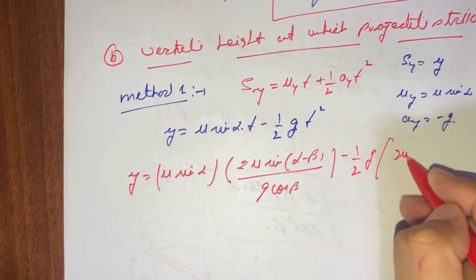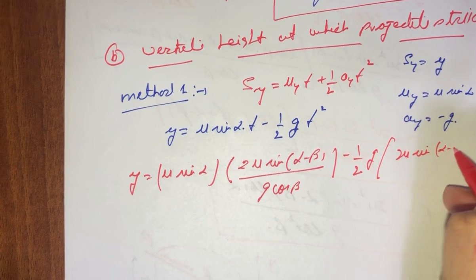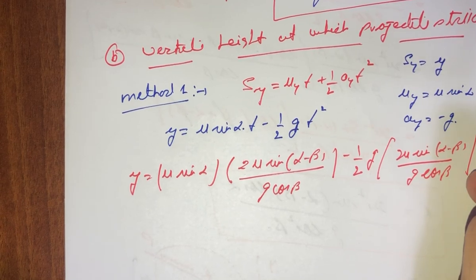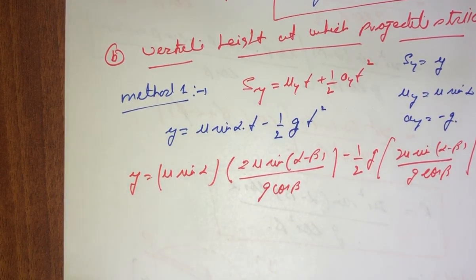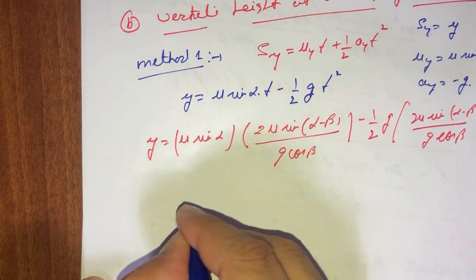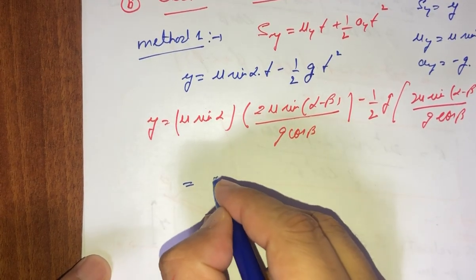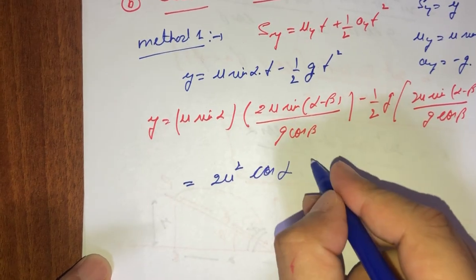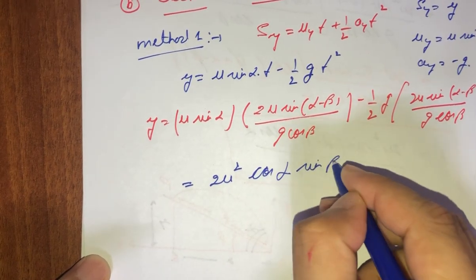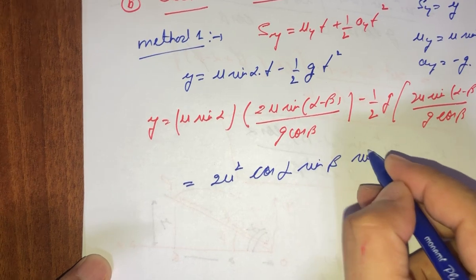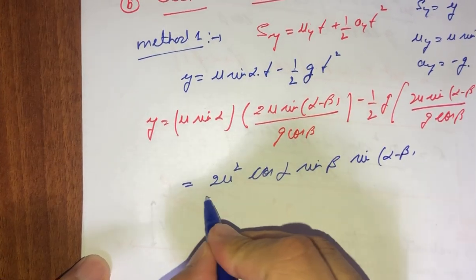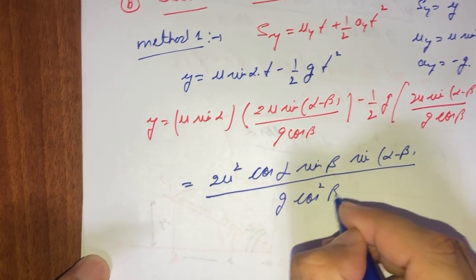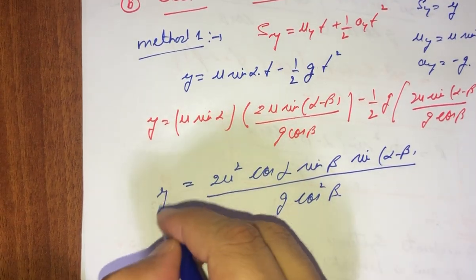So this is 2u sine alpha minus beta divided by g cos beta and its whole square. This can be further solved as 2u square cos alpha sine beta sine alpha minus beta divided by g cos square beta. This is equal to the vertical height.